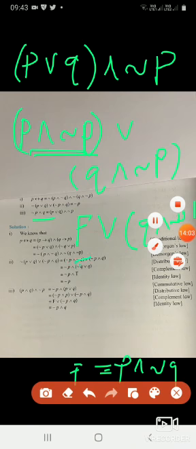We are going to compare with false, means the property name is identity. Identity property says if you compare with false, any statement is the statement itself. The statement itself means it is Q and negation of P.